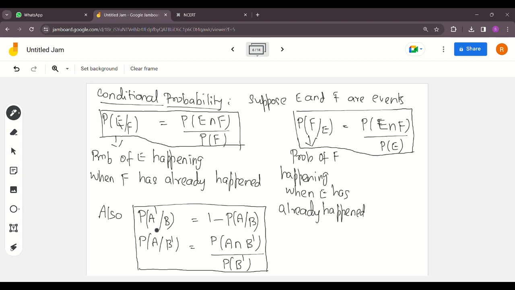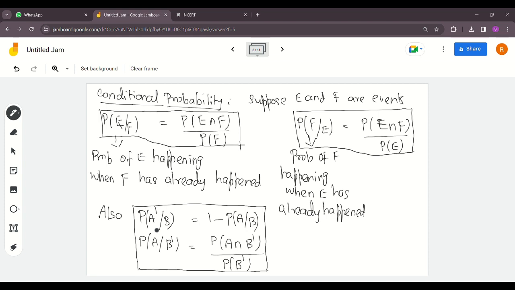Probability of A dash happening means probability of A not happening when B has already happened. So understand the difference. This is how you will have to interpret the question. So that is nothing but 1 minus P of A bar B.